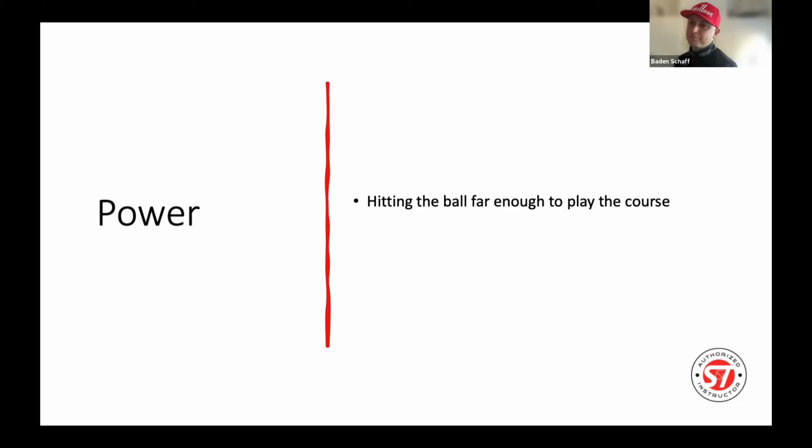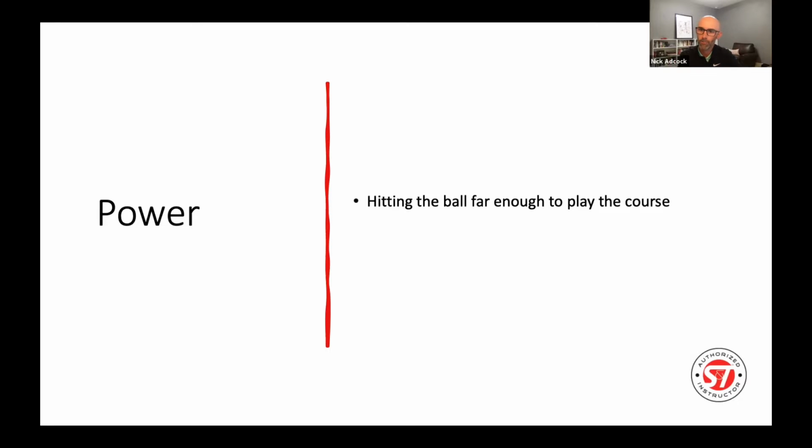Now, Mike, to your point about the power and the contact, I was working with a player last week at the academy. We're doing our monthly assessments, and we track the kids' club head speed, carry distance, etc. And he measured at about 113 miles an hour club head speed, but the ball's only traveling 255 in the air. And I made the comparison.